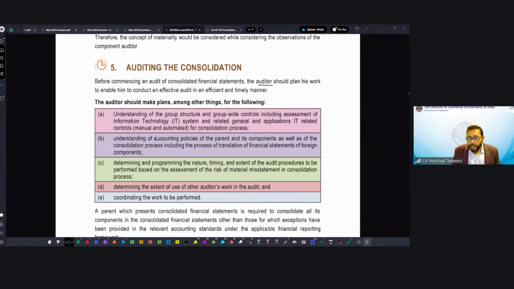The auditor should plan his work to enable him to conduct an effective audit in an efficient and timely manner. And the plan should include these things: understanding the group structure, understanding the accounting policies, understanding the IT applications related to controls for the consolidation, group-wide controls, the process of translation of foreign currency, what is the policy on that, determining the nature, timing, extent of audit procedures, risk of material misstatement in the consolidation process, determining the extent of use of other auditors' work in the audit, and then you need to coordinate the work to be performed.